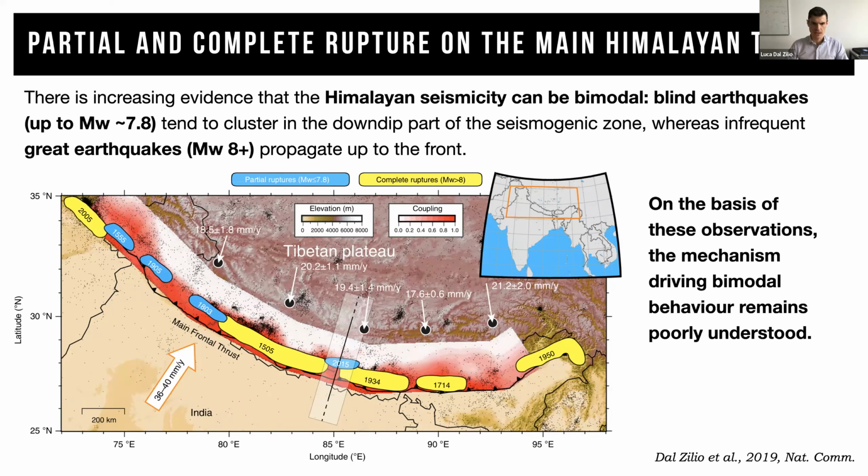So we have these magnitude 7 plus earthquakes in the deeper part of the fault, and very large events that instead propagate all the way to the surface. So it's still not very clear what are the conditions that allow to propagate these relatively moderate to very large earthquakes.